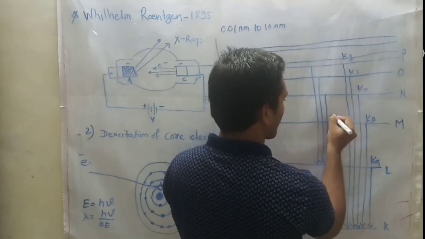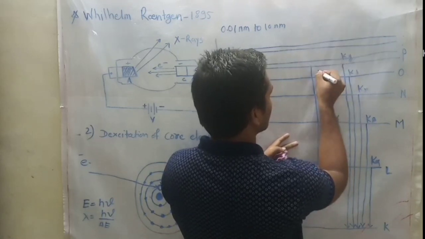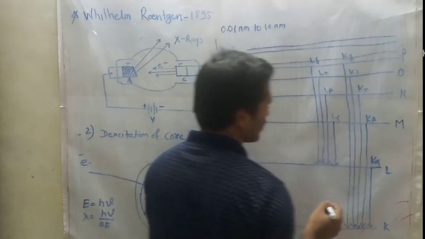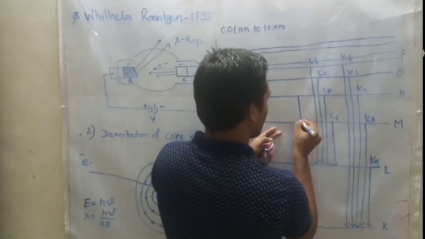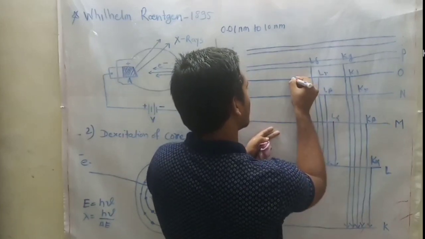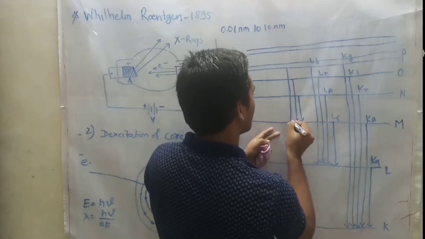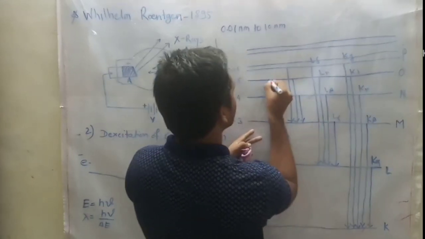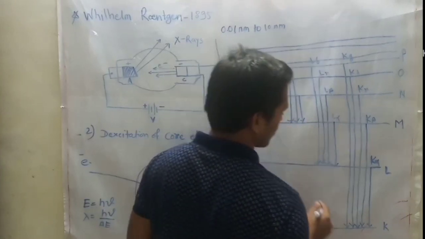These are the L alpha line, L beta line, L gamma line, L delta line components. Similarly, there are transitions to the N shell.